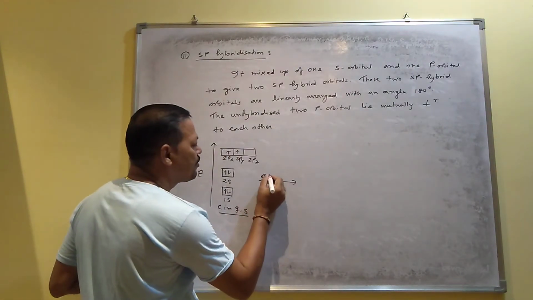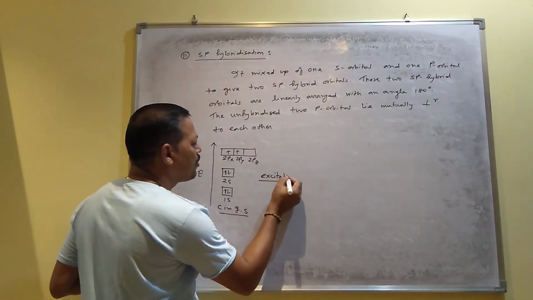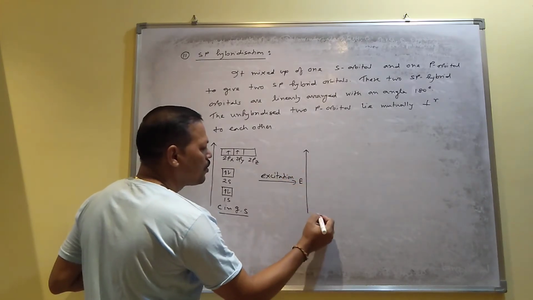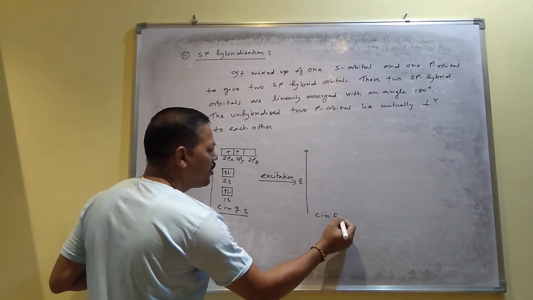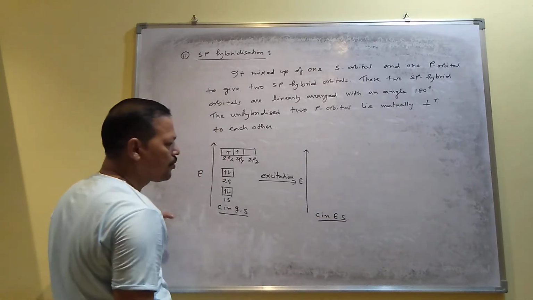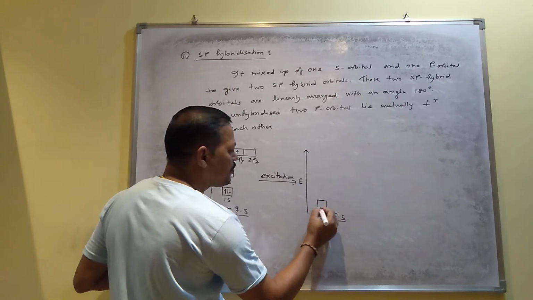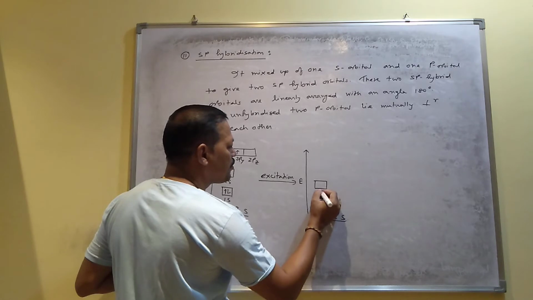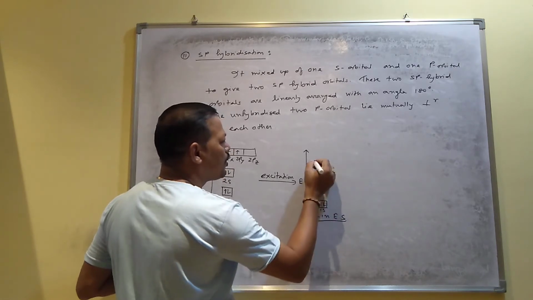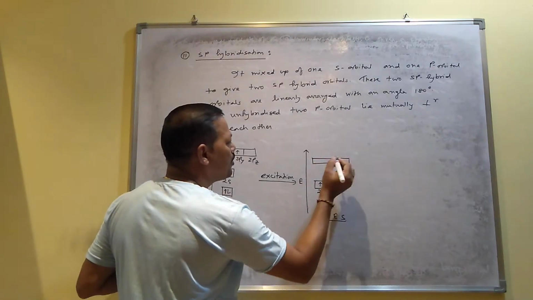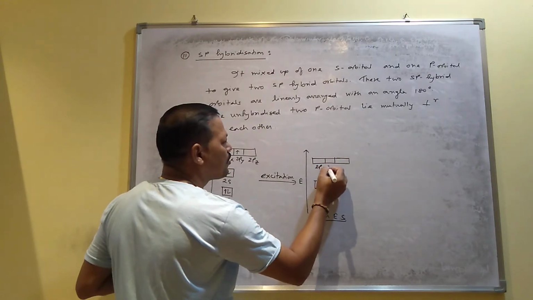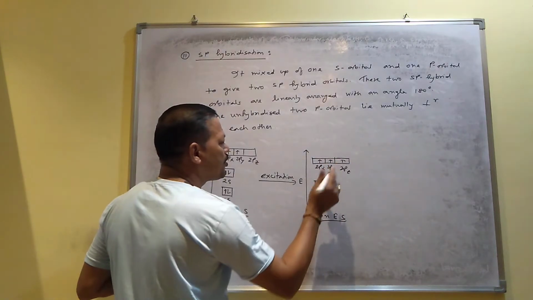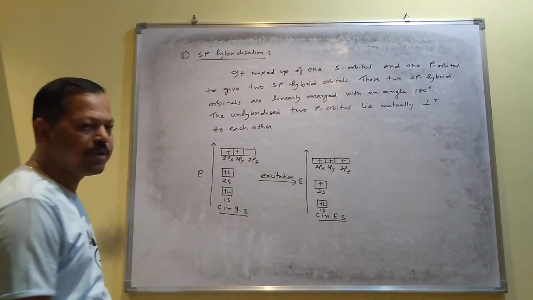After excitation, carbon in excited state, 1s will remain the same, 2s contains 1 electron, and 2p contains 3 electrons, because 1 electron jumps from 2s to the vacant 2pz orbital.